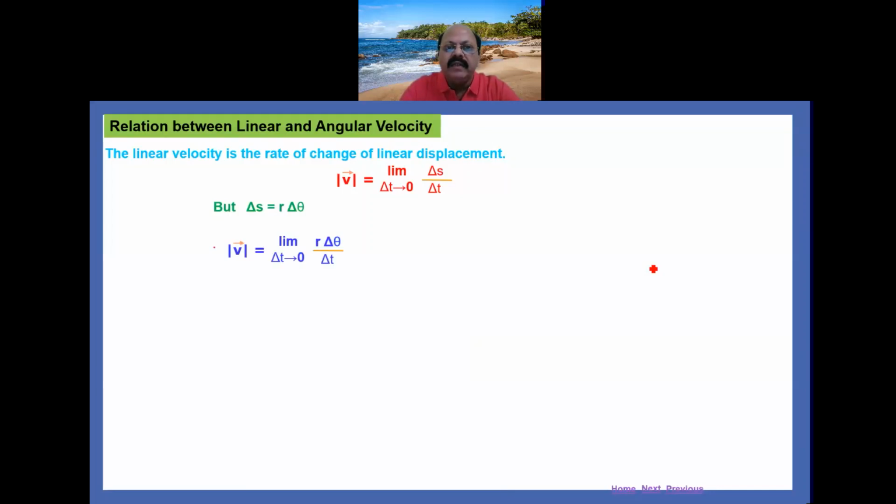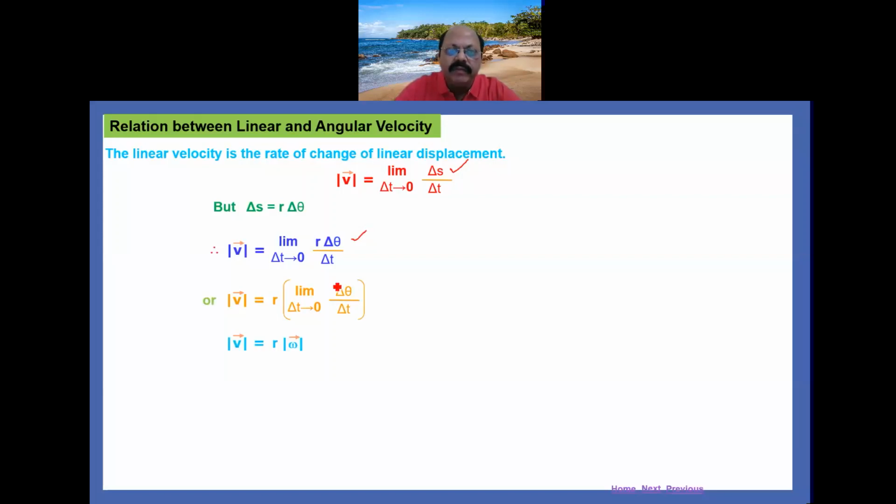Therefore v becomes limit delta t tends to 0 of r delta theta upon delta t, since in place of delta s we write r delta theta. Or we can take r outside, limit delta t tends to 0 of delta theta upon delta t. Then what is this?